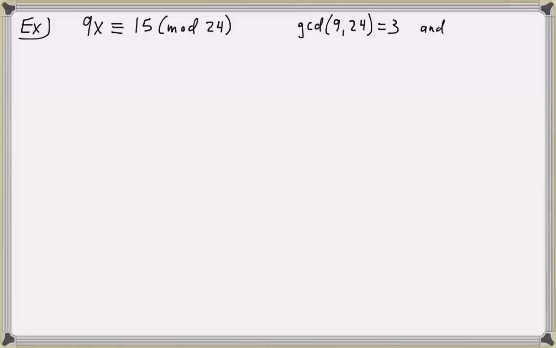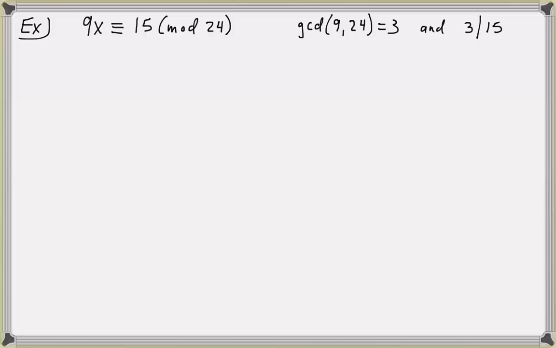Here's another example. Now the congruence I'm going to start with is 9x is congruent to 15 mod 24. Well, the GCD of 9 and 24 is 3. And we know that 3 divides 15.